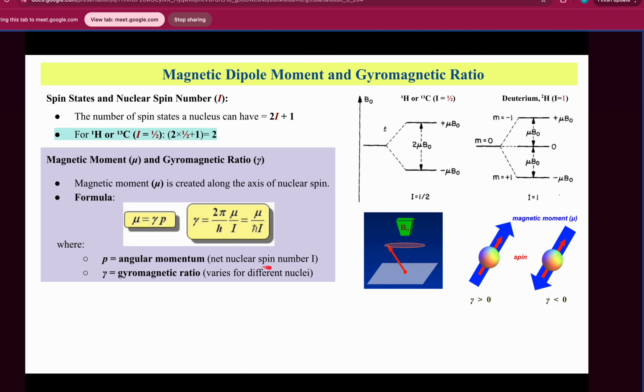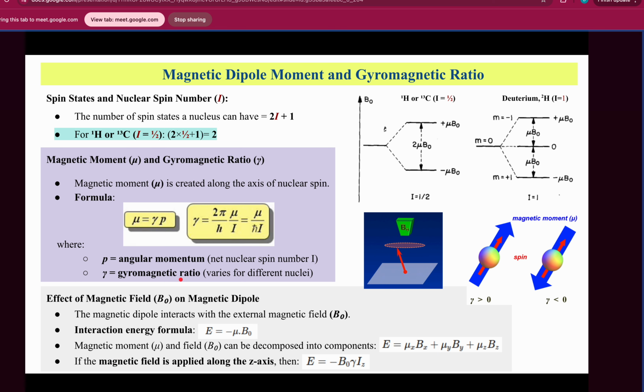In the case where the spin is towards the direction of the magnetic moment, in which both are parallel, the value of the gyromagnetic ratio will be more than 0. But in the cases where the direction is opposite, that means the natural spin of a nucleus and the magnetic moment are anti-parallel, the value of the gyromagnetic ratio will be less than 0. Angular momentum is the nuclear spin number, which is the normal nuclear spin, and magnetic moment means how the spin is changing in the presence of an external magnetic field. So that is what the gyromagnetic ratio is telling you.